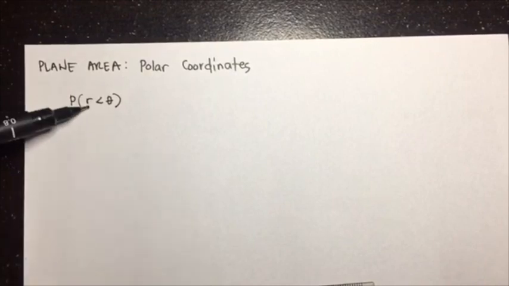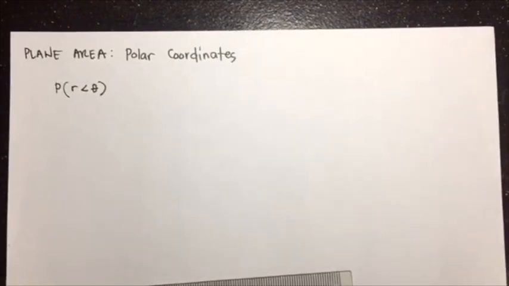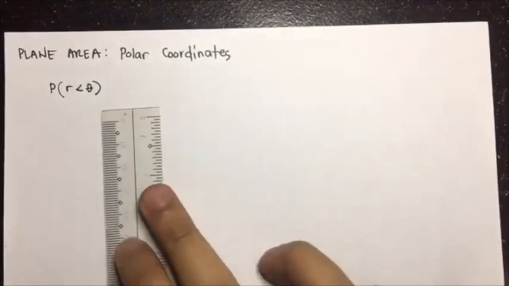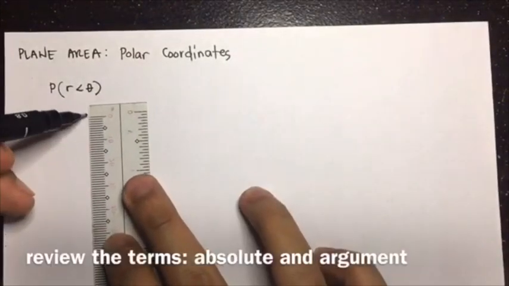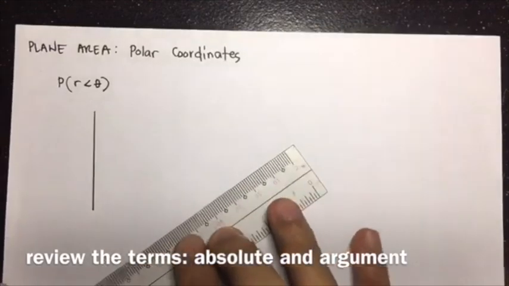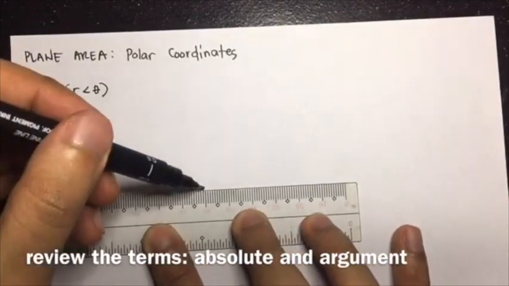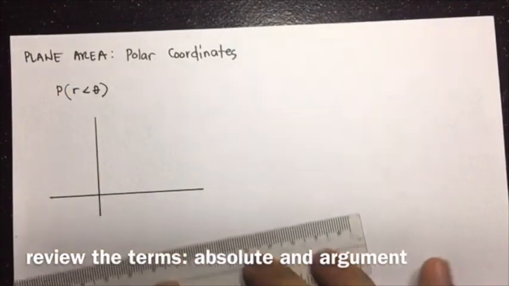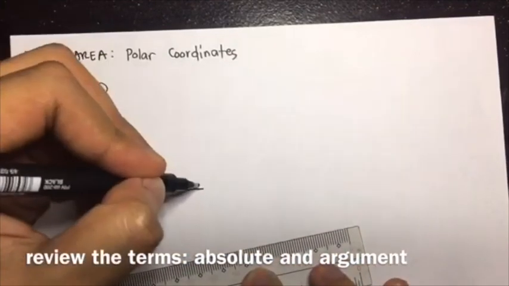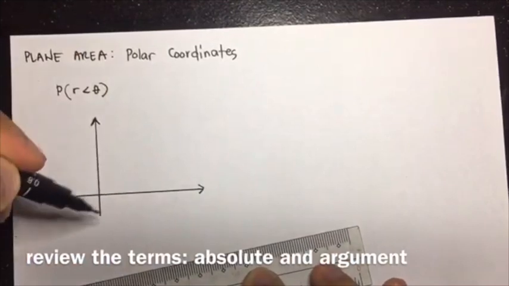Where r is the distance of the point from the origin, and theta is the angle that the reference line makes with the positive x-axis, measured counterclockwise positive.